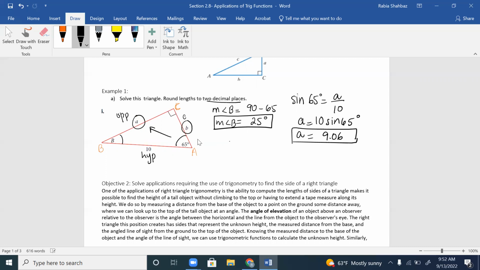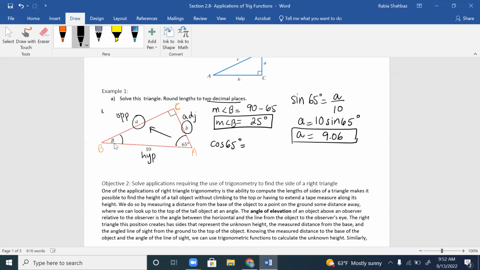Side B happens to be the adjacent side, and I'm going to use the 65 angle that's given. I could use angle B also, which is 25, but usually we use the measurements that are given to us unless we don't have a choice. In this case, it would not make any difference because you didn't do any rounding for angle B, so your answer will not be off if you use sine of B instead of cosine of 65.